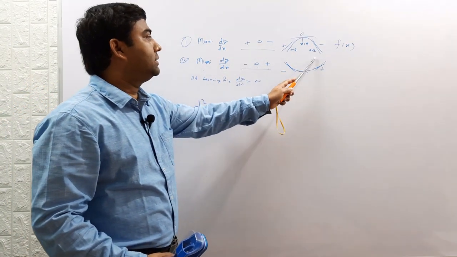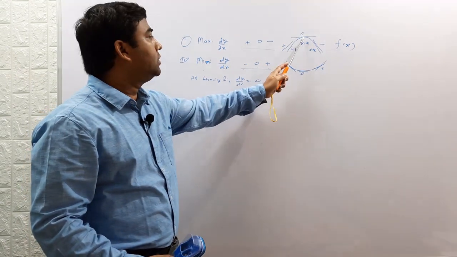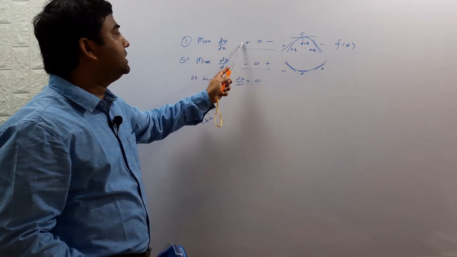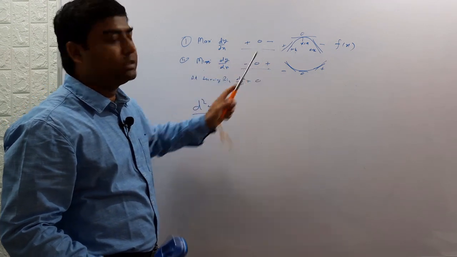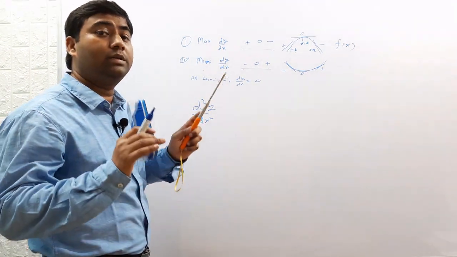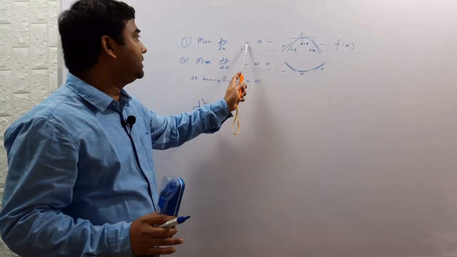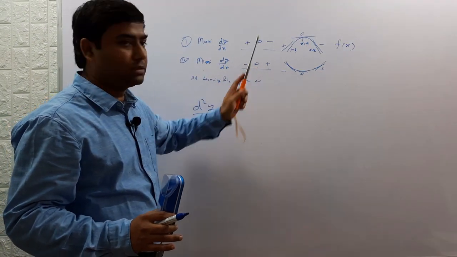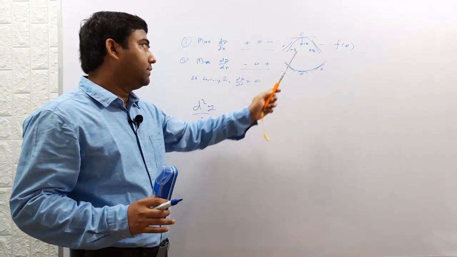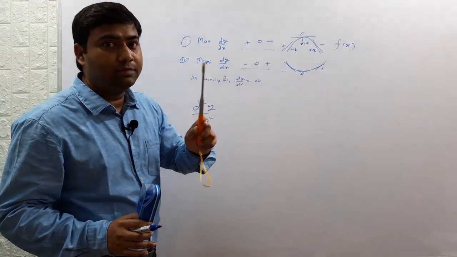At this point it is a local maxima, and the derivative of that function is a decreasing function. The derivative will also be a function, and the value of the function near the turning point is decreasing, plus 0 minus. So we can say for a maxima, the derivative is a decreasing function.